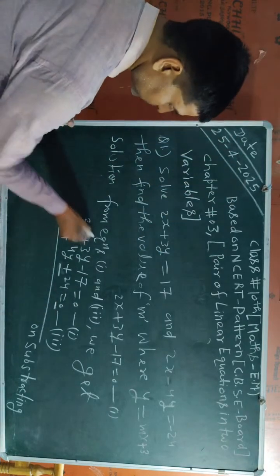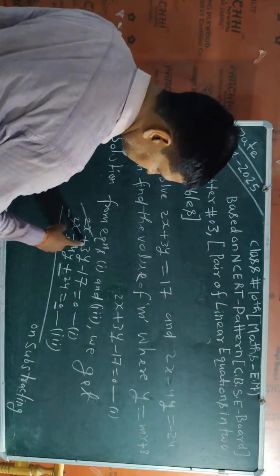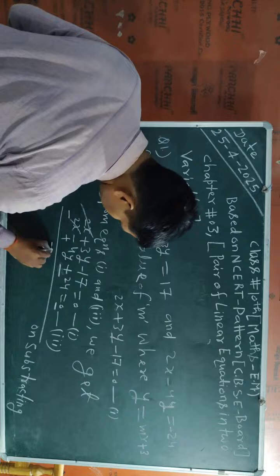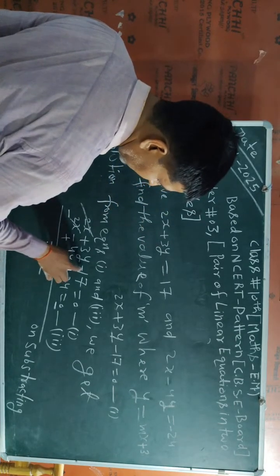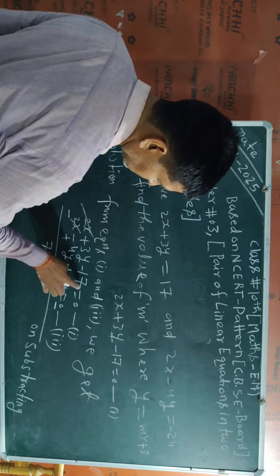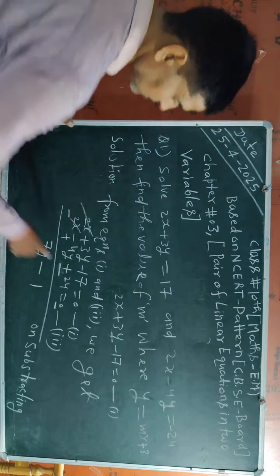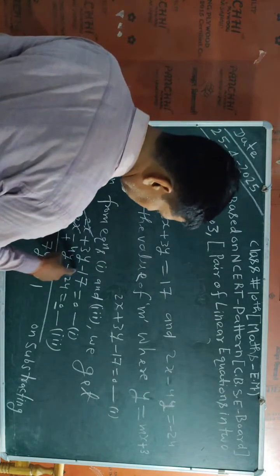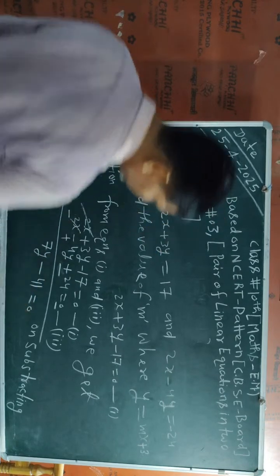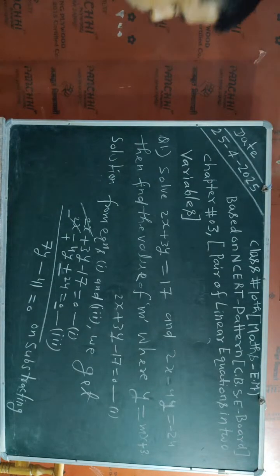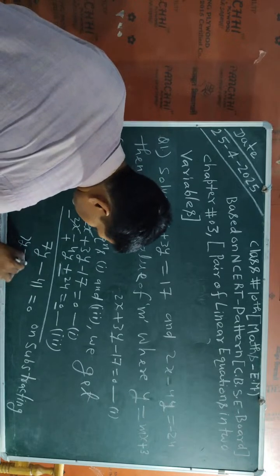This 4y has a minus sign, so I will put plus. This 24 has a plus sign, so I will put minus, and this 17 has a minus sign, so I will put plus. The 2x terms cancel out. The 4 and the 3 both have plus, so 4 plus 3 is 7y, and the constants give minus 17 and minus 24, which add up to minus 41. It is equal to 0. Okay, student, so further I will say 7y is equal to 41.